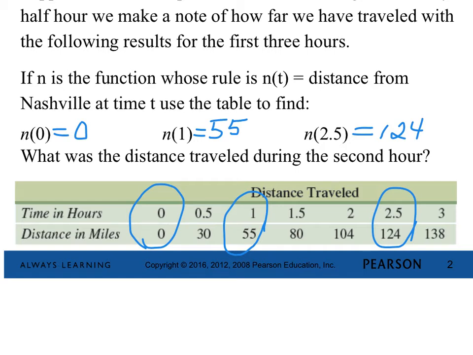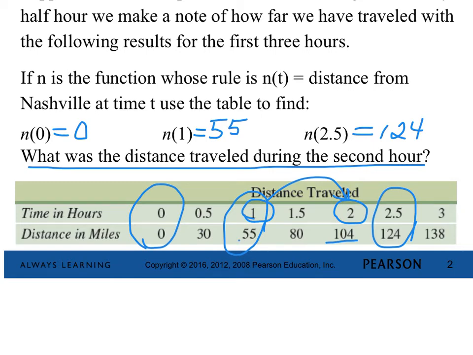And then the next question we have is, what was the distance traveled during the second hour? And the second hour is actually from hour 1 until hour 2. And the distance we had gone was, at the end of hour 2, we had traveled 104 miles.